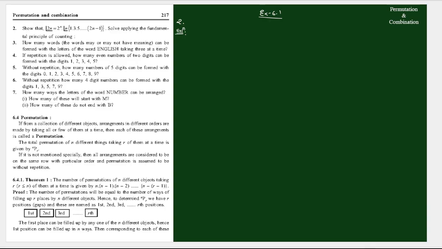So factorial 2n, we need to show, on the right hand side we have 2n multiplied by factorial n, and then within brackets we have got 1, 3, 5, that means the odd numbers.